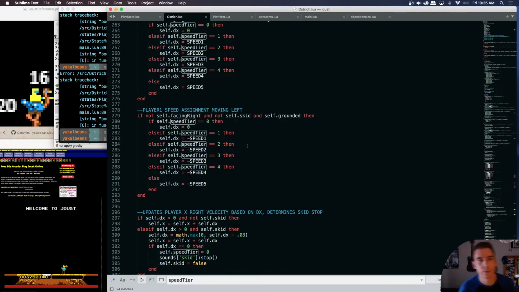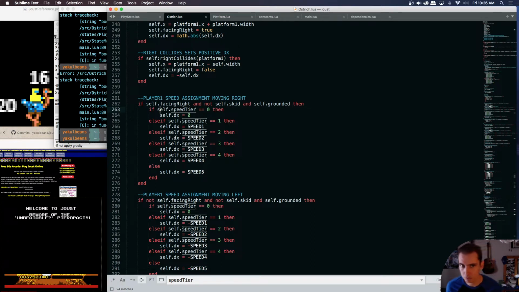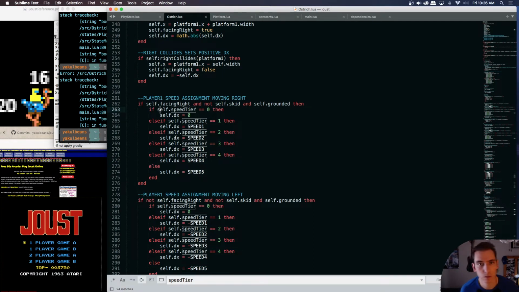Okay, so we shouldn't need any of this anymore. Pardon my French. Any of this beautiful code I typed previously, we should not need it anymore. Because this is incrementing our speed tier. Or no, this is assigning speed tier values while we're grounded.